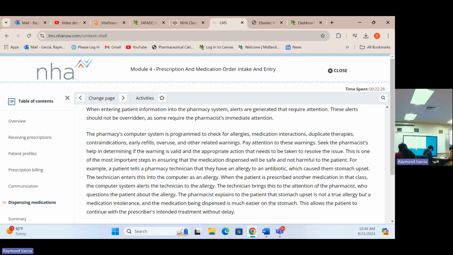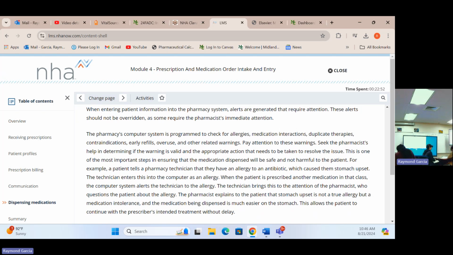One of the most important steps is ensuring that the medication dispensed will be safe and not harmful to the patient. For example, a patient tells a pharmacy technician that they have an allergy to an antibiotic, which causes them stomach upset. The technician enters this into the computer as an allergy. When the patient is prescribed another medication in that class, the computer system alerts the technician to the allergy.